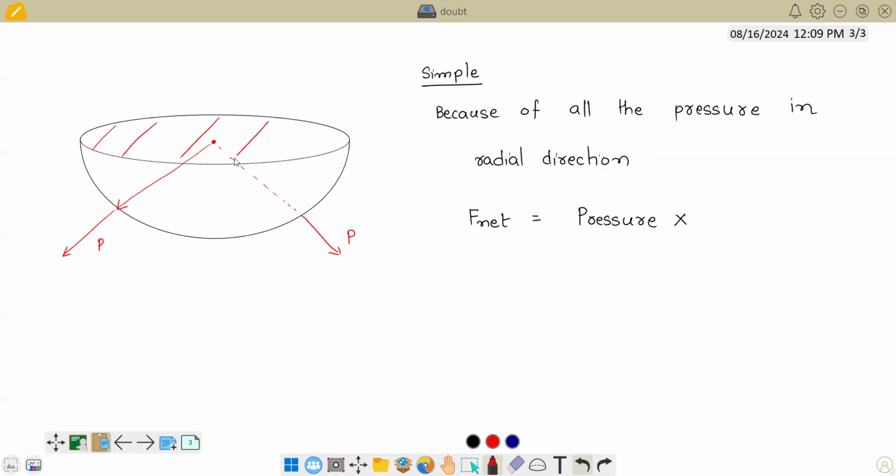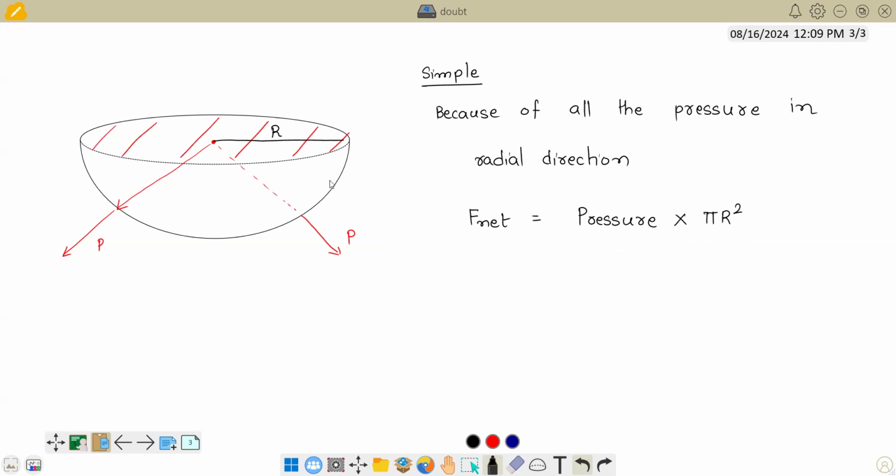This area is called the projected area. Even though this entire thing is hemispherical, if you solve it, you will only get pressure into projected area. That projected area is pi r square, if r is the radius, so it would be equal to pressure into pi r square.